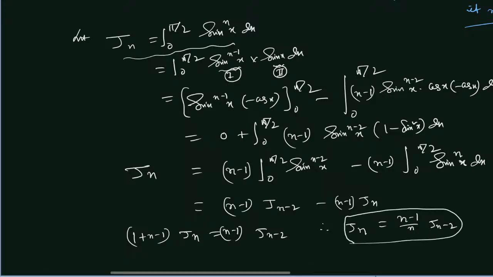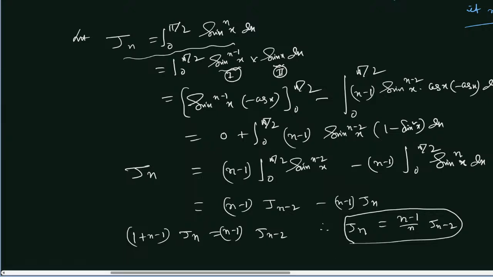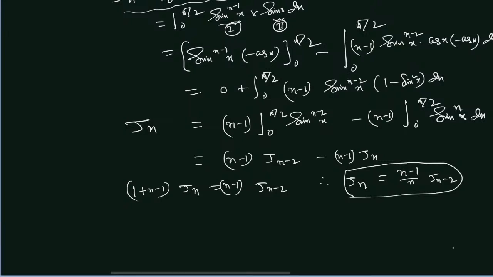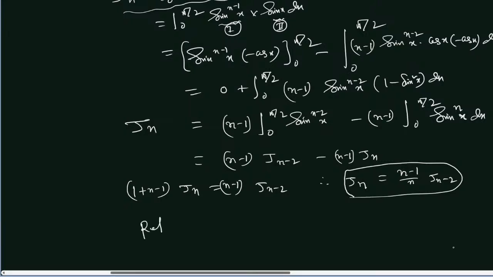This is actually the reduction formula. You have expressed, you have reduced Jn in terms of J(n minus 2). That's why it is called the reduction formula. Now replace n by n minus 2.